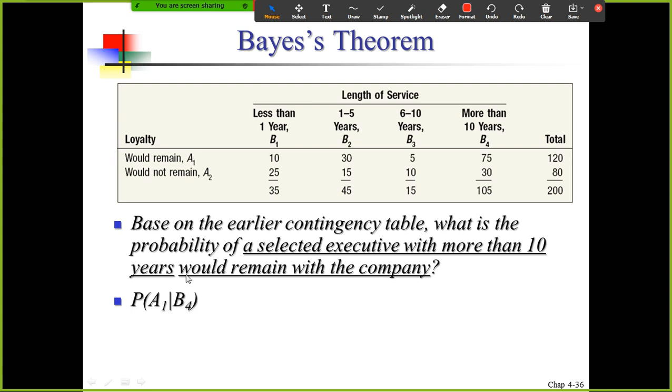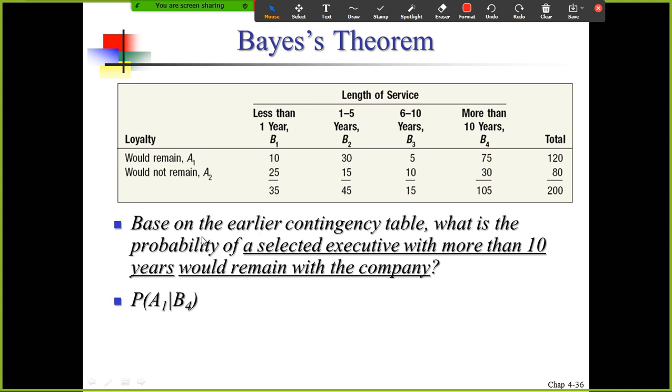Posterior probability is the probability that we use in order to study Bayes theorem. That's why this is not really the same as conditional probability. It could be conditional probability, but not the same thing as the previous one. This is a new probability extended from our tree diagram.